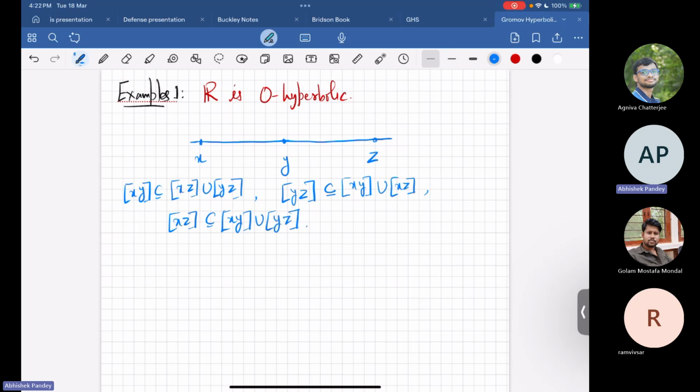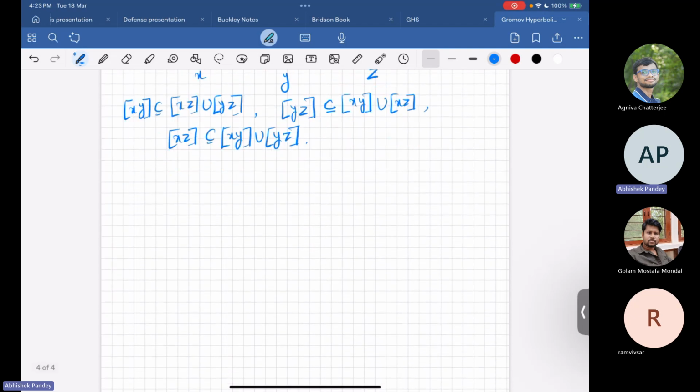Therefore each side lies in the zero neighborhood of the union of the other two sides, because it is already contained in that union. Okay, so this is the first one.